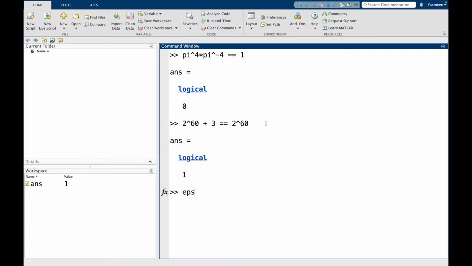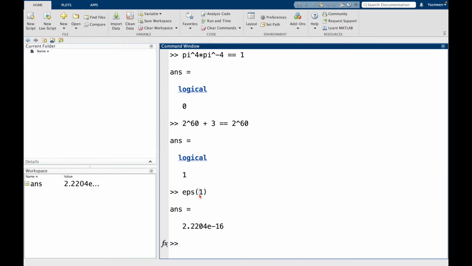So I type EPS, and if I do parentheses of 1, what this returns is a very, very small number. It's about 2.2 times 10 to the negative 16. And basically, what this is saying is, what's the next number MATLAB knows about that's larger than 1.